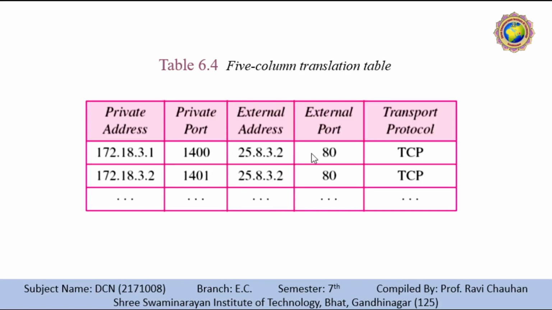If the translation table has 5 columns instead of 2, that include the source and the destination address, and source and destination port numbers of the transport layer protocol, the ambiguity is eliminated.